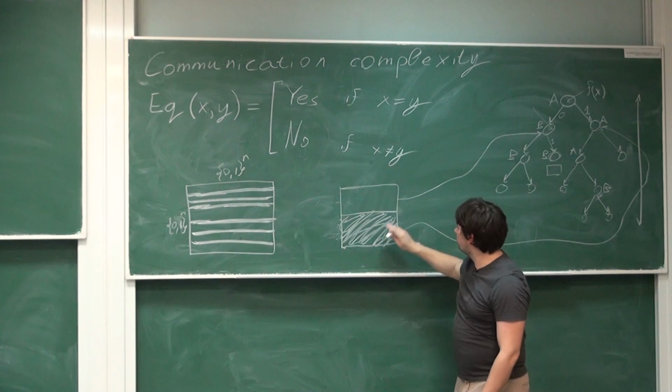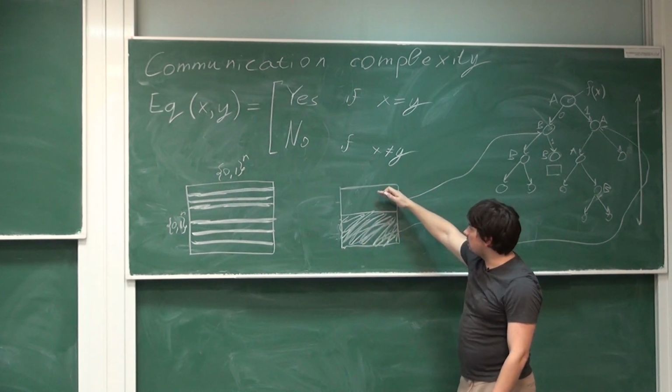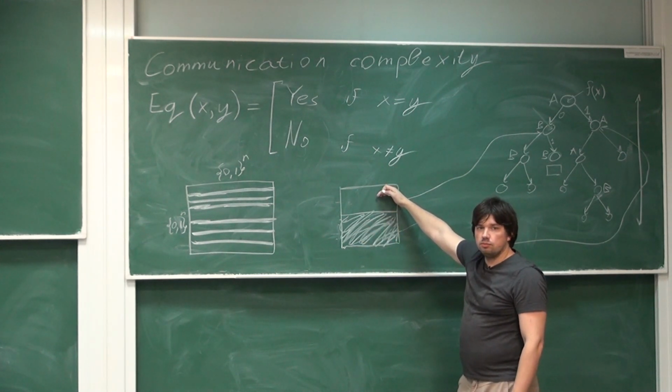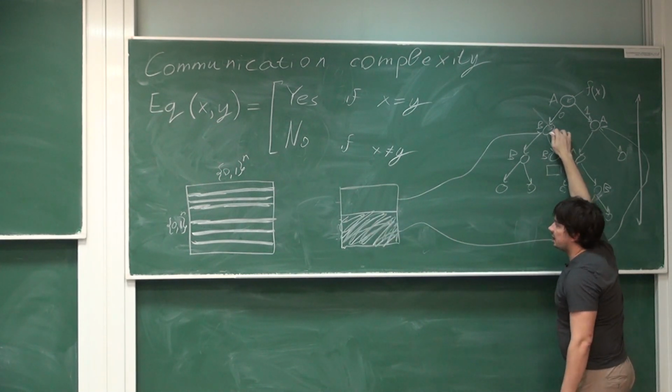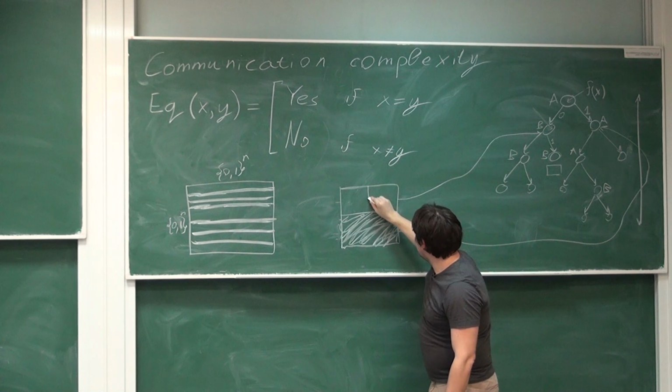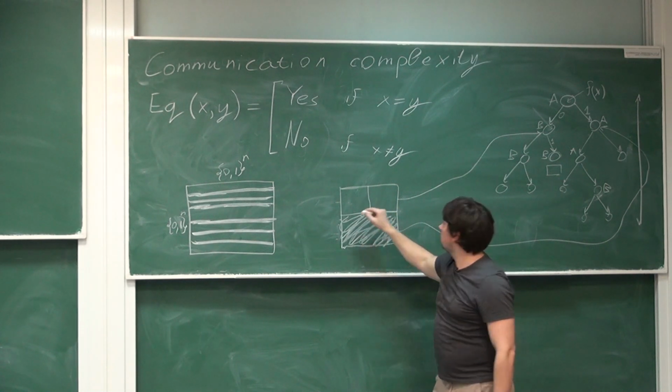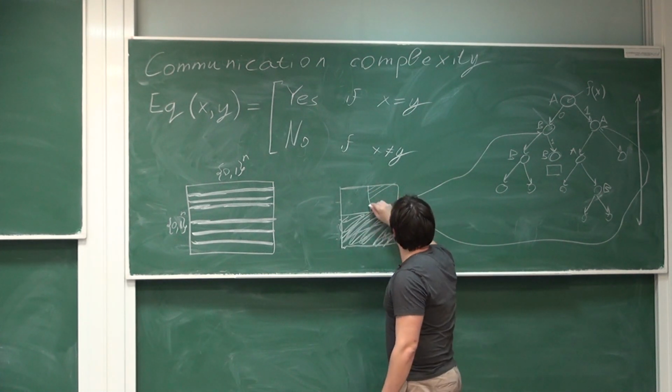So we have to be in this part of the rectangle, and then because Bob was saying something, we also split this one in 2 parts, right?